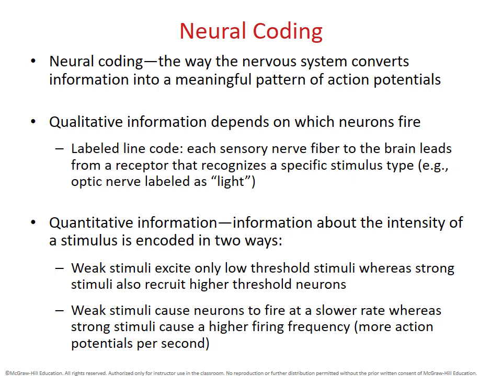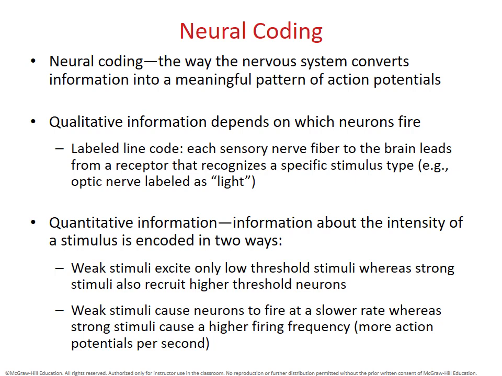Neural coding, very simply, is the topic of how the brain converts information into a meaningful pattern of action potentials. So we understand now that through facilitation and inhibition and summation, we regulate how action potentials travel between one neuron and another.